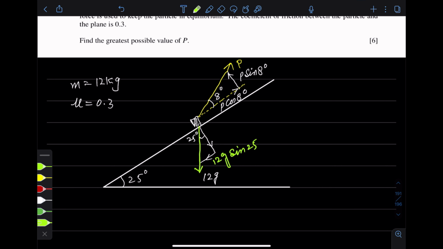This component will be 12 g cos 25 degrees. And since the particle is lying on the surface, a normal reaction will be perpendicular to the plane. This is the normal reaction.